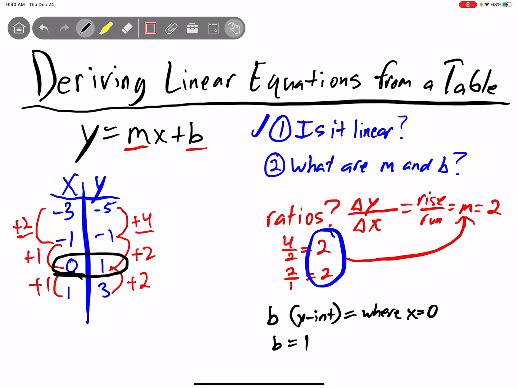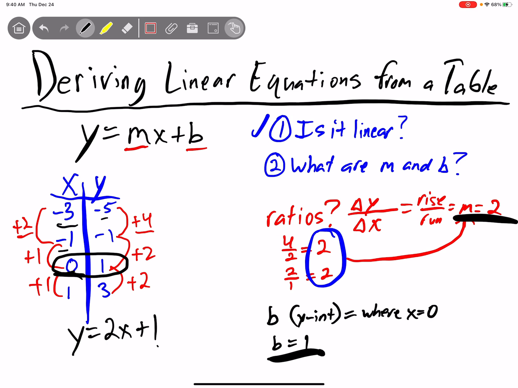So I have my value of b, and I have my value of m. So now I just have to write my equation. y equals 2x plus 1. And I can check that. If x is negative 3, 2 times negative 3 is negative 6, plus 1 is negative 5.